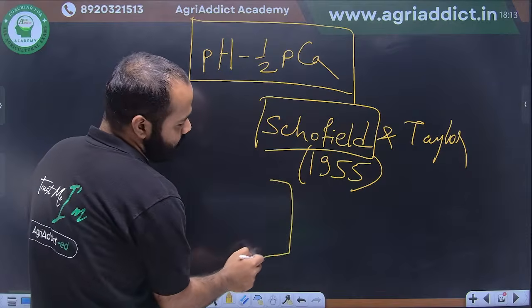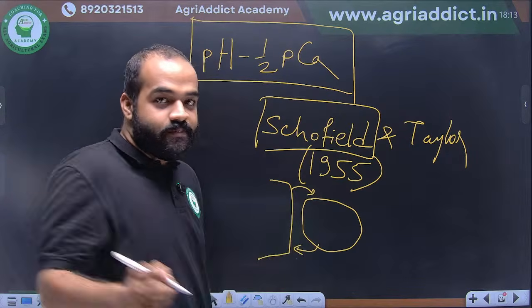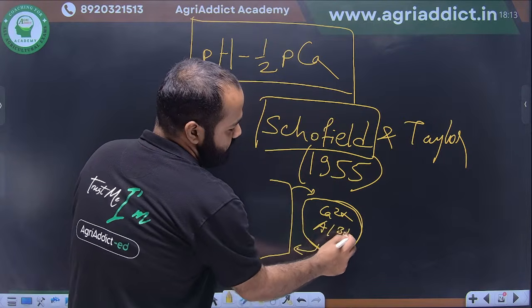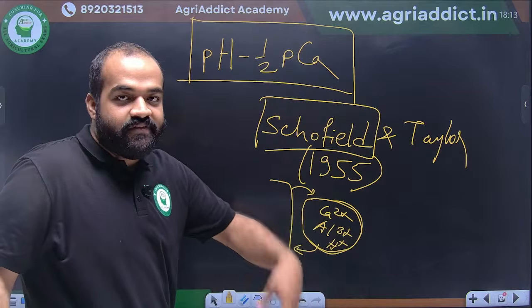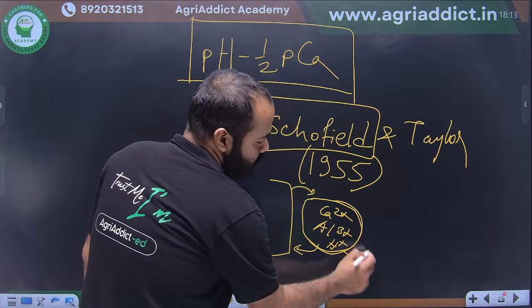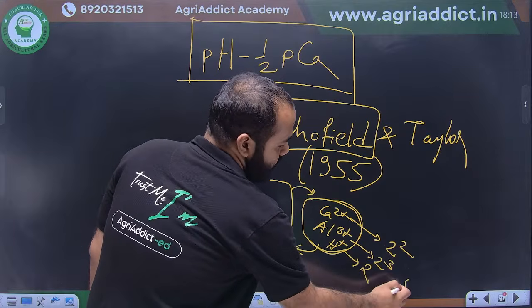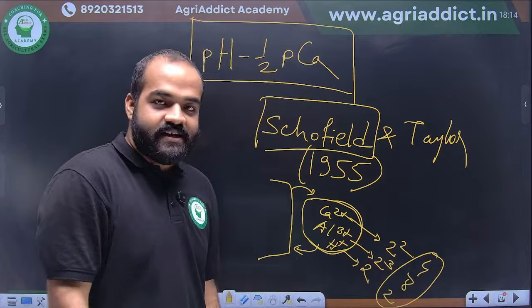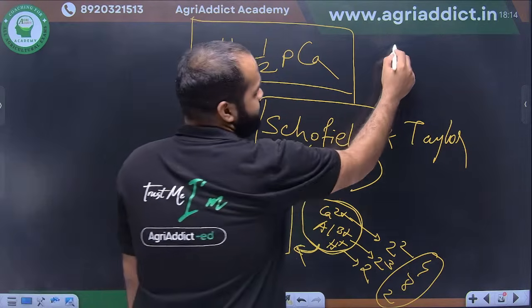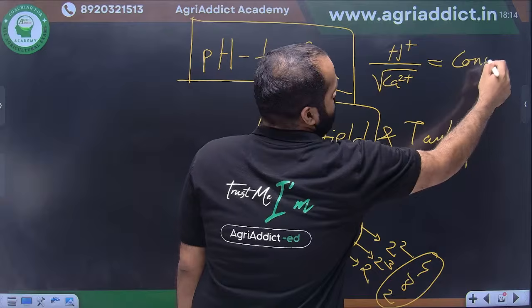इसका मतलब है ये जो एक्सचेंज कॉम्प्लेक्स है और ये जो सॉल्यूशन पूल है सॉइल में, इन दोनों में जो इक्विलिब्रियम है, that equilibrium will not be disturbed अगर हम सॉल्यूशन पूल में जो आयंस है Ca2+, Al3+, H+, इनकी एक्टिविटीज को अगर हम चेंज करें इन अ सर्टेन रेशियो, 2, 2², 2³, यानी कि 2, 4, 8, तो दिस इक्विलिब्रियम विल नॉट बी डिस्टर्ब्ड, है ना? तो इसका मतलब क्या हुआ? इसका मतलब हुआ H+ by this is equal to constant.